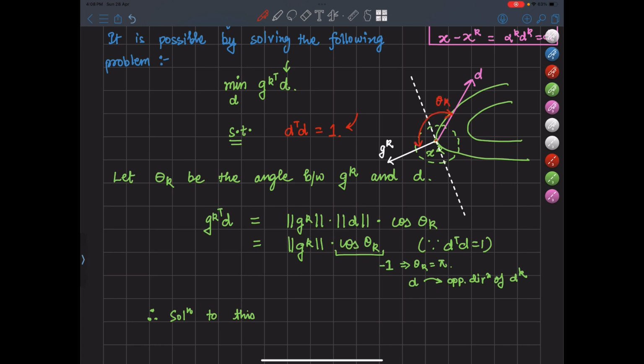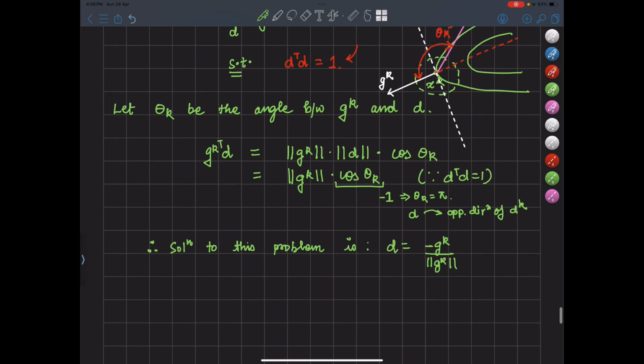So for maximum decrease, this has to be pi, which means in this direction, right? So I hope visually it is understandable. The solution to this problem is d equal to minus gk upon norm of gk, because d is unit norm, so it is this.